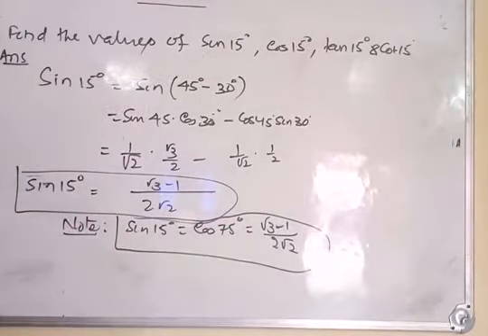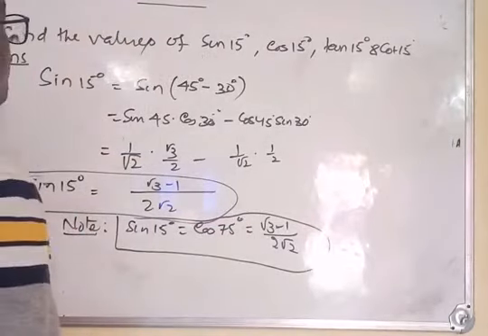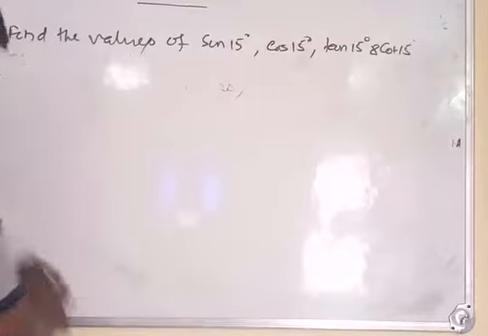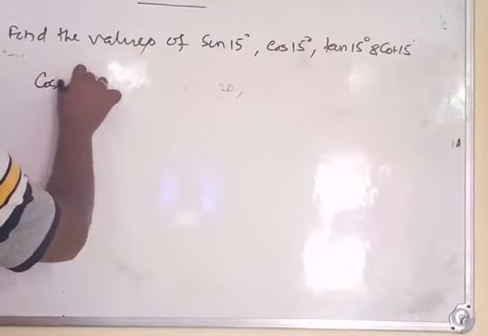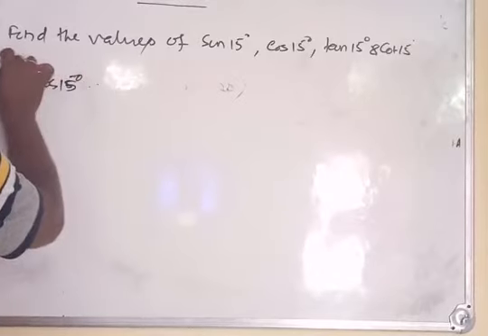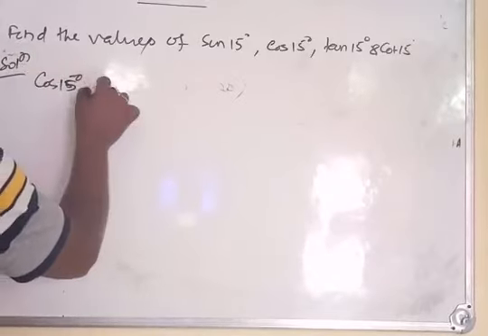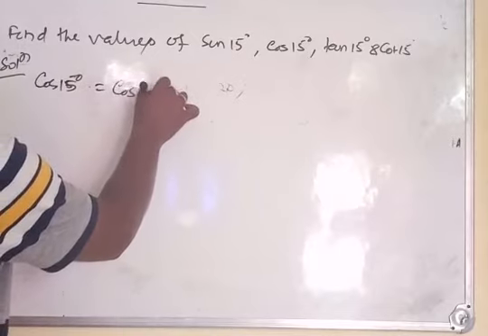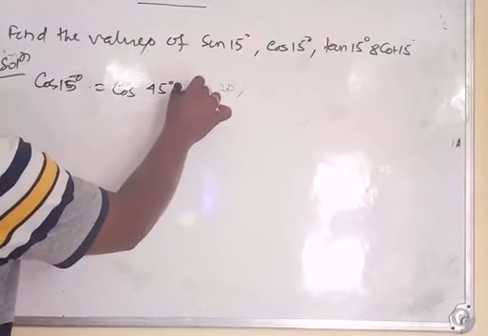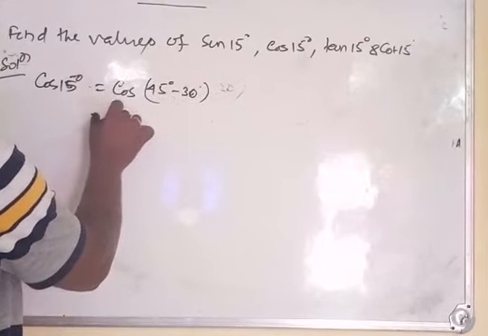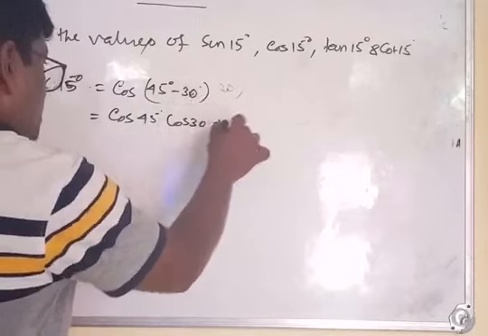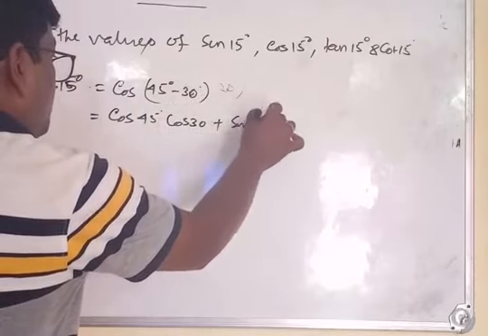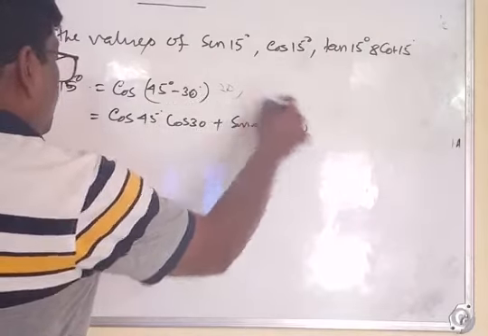Now another, cos 15 is equal to what? Second solution: cos 15 means cos of 45 degree minus 30 degree. Cos a minus b formula: cos 45 into cos 30 plus sin 45 into sin 30.